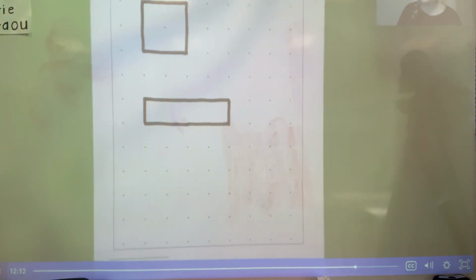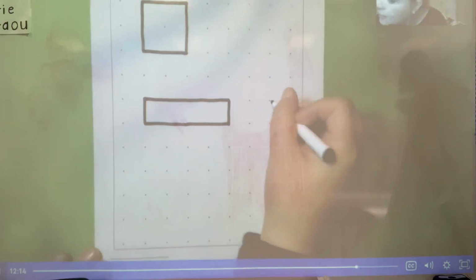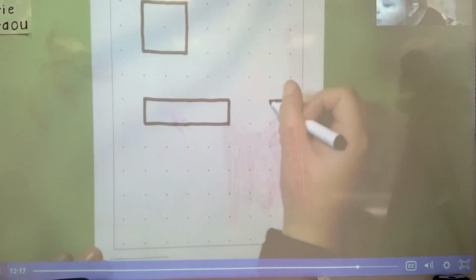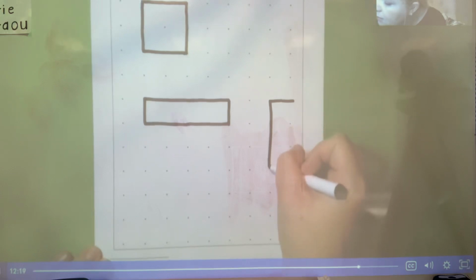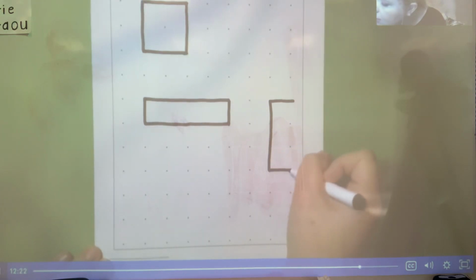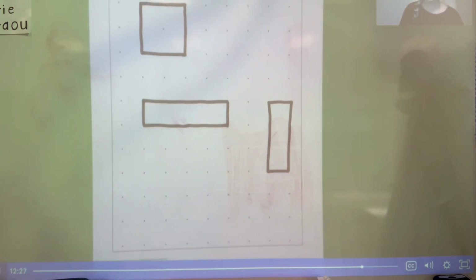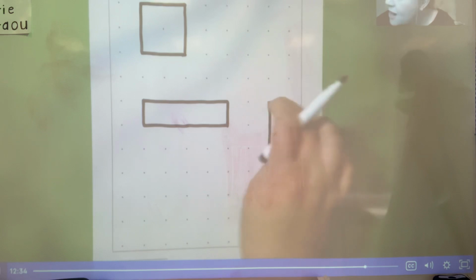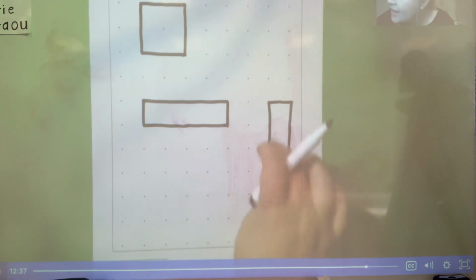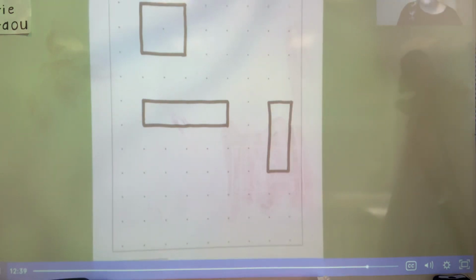Very good. Is that a rectangle? Yes. It has 4 sides and 4 corners. Now you can push pause and continue to practice making some more rectangles on your dot paper.